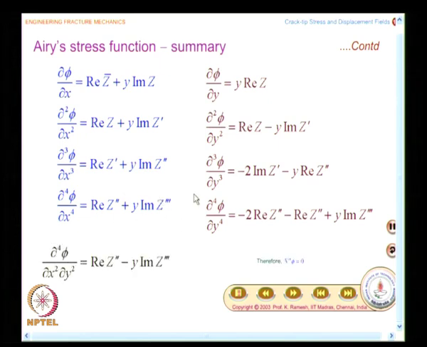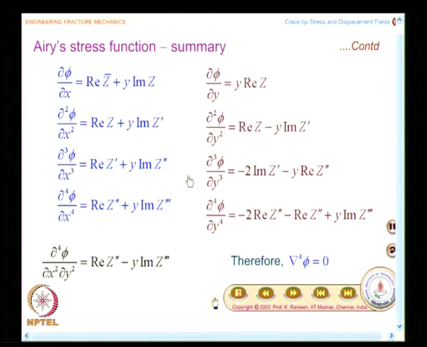And in fact, if you have done any clerical error in the last class, you could see this and edit them appropriately. And when you look at here, this dou squared phi by dou x squared is given as real part of Z plus y imaginary part of Z prime. This directly gives you the stress component sigma y, and dou squared phi by dou y squared will give you stress component sigma x.